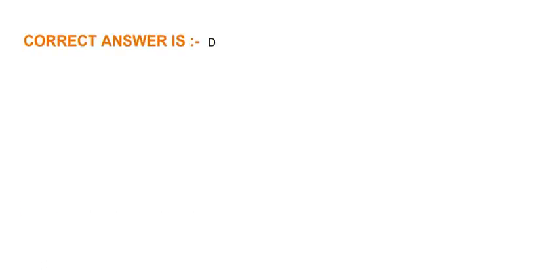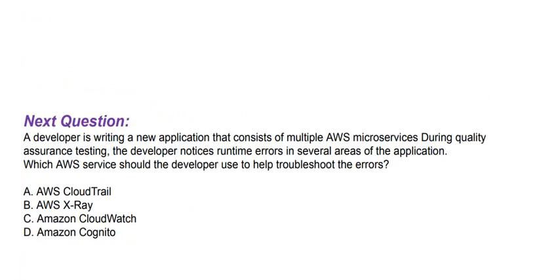Next question is, a developer is writing a new application that consists of multiple AWS microservices. During quality assurance testing, the developer notices runtime errors in several areas of the application. Which AWS service should the developer use to help troubleshoot the error?